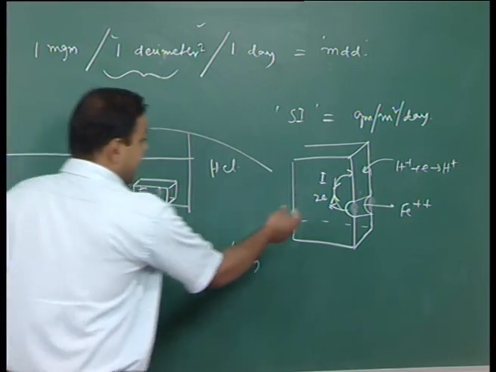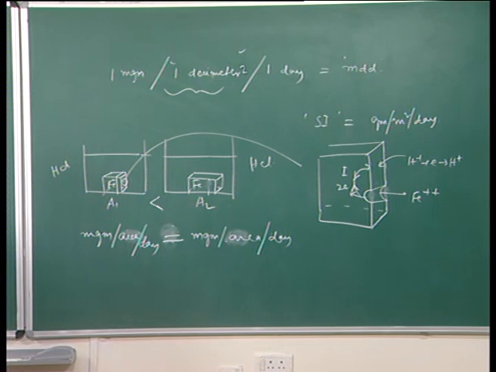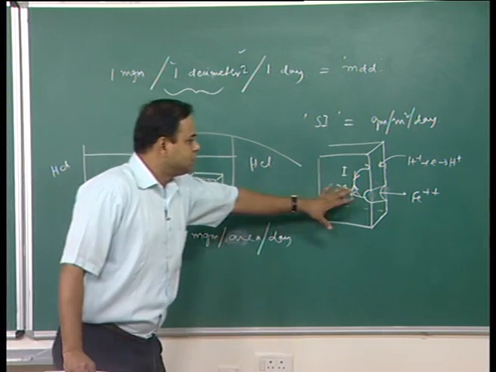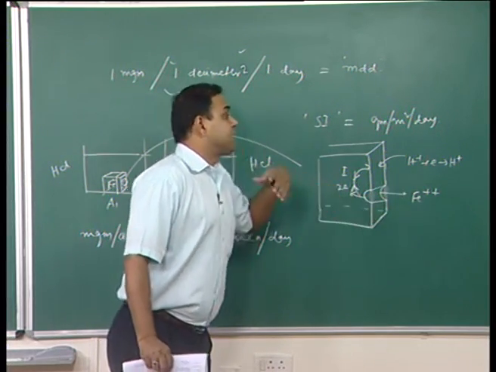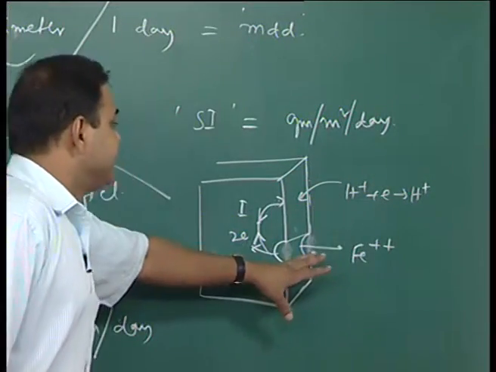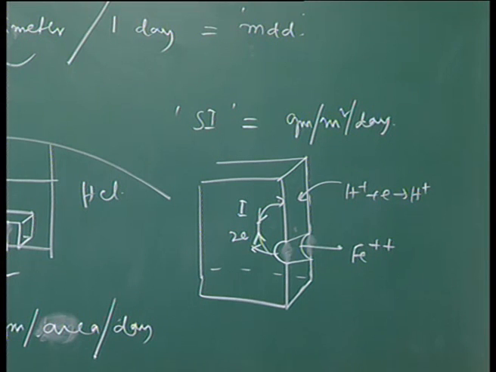Now the amount of iron that is dissolving would have a direct relation with the current that is flowing in this circuit. There are two laws which give you the relation between the metal dissolution and the current flowing in the circuit.